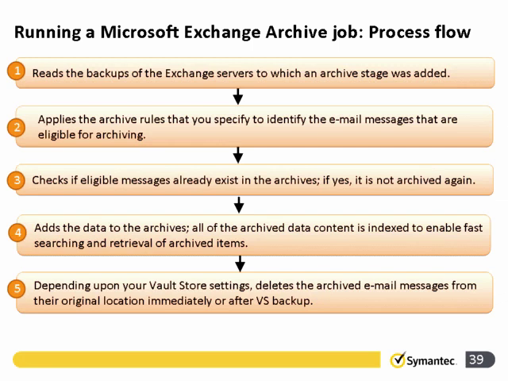If the answer is yes, it does not archive them again. If the answer is no, then it adds the data to the archive, and the data is indexed to enable very fast search capability. By default, you would then need to run a backup of the vault store itself before the data is deleted from the Exchange server.